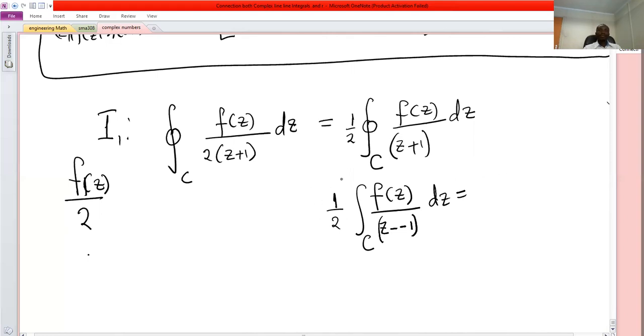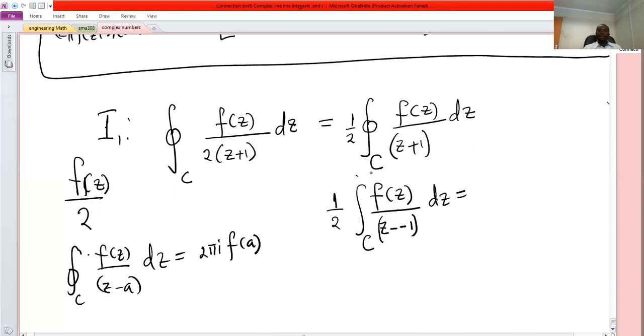So to remove this half here, remember the integral along C of f of z over z minus a dz equals 2 pi i f of a.